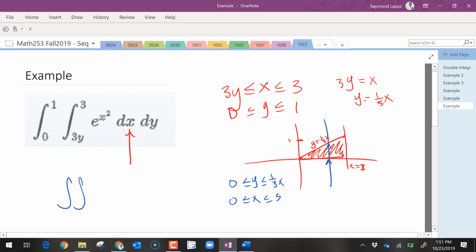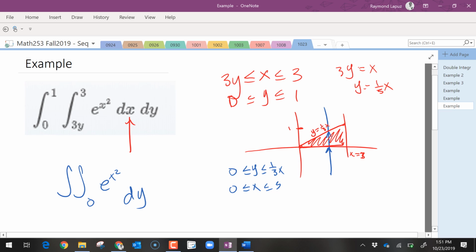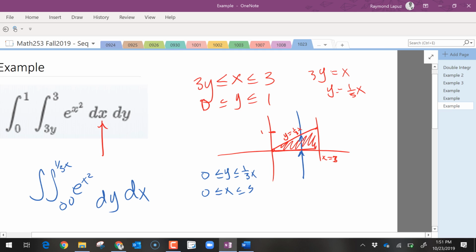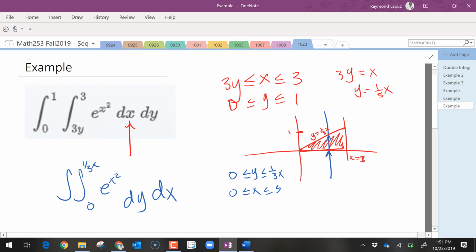Now, for some reason, this is supposed to be easier to integrate. What's the integral of this thing with respect to y?